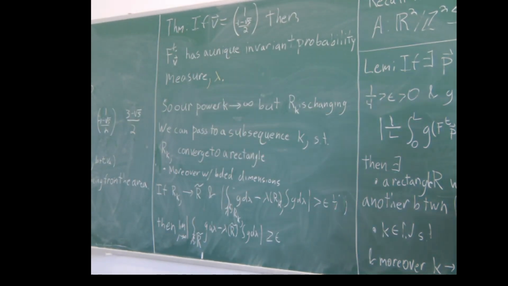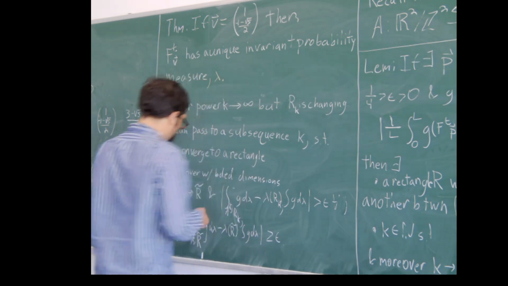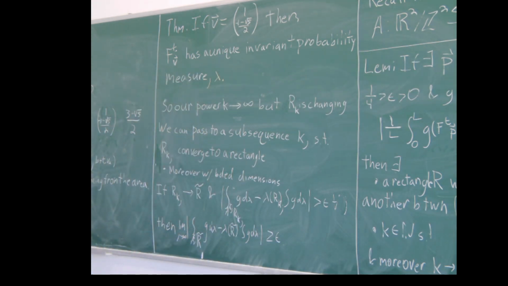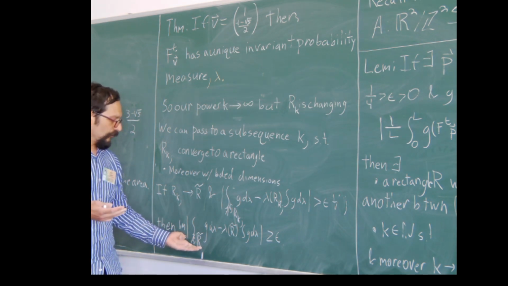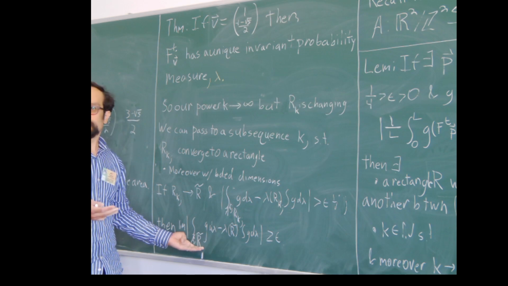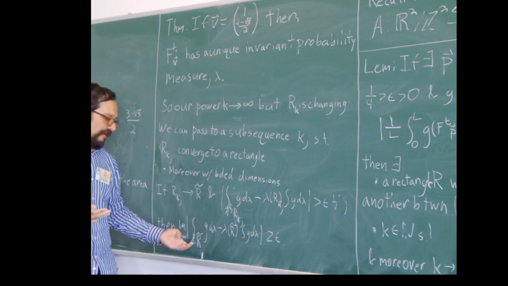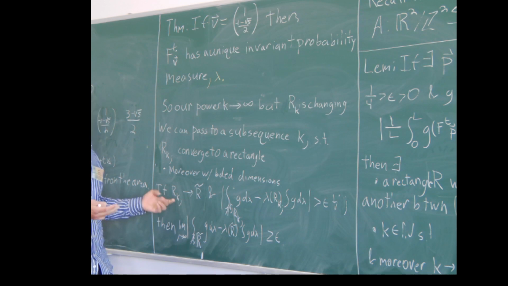So now these rectangles are extremely close to each other, but this map I'm having is extremely chaotic. So why is this true? It's true because you consider the intersection of A to the K sub j of R tilde and R sub K sub j, and on that you have perfect equality. And their symmetric difference has measure going to 0 and you bound trivially.